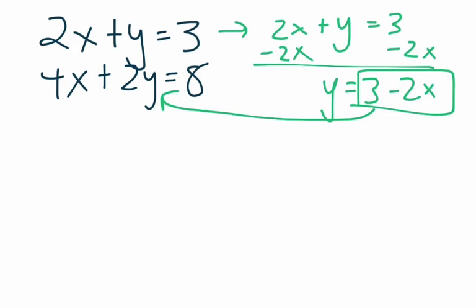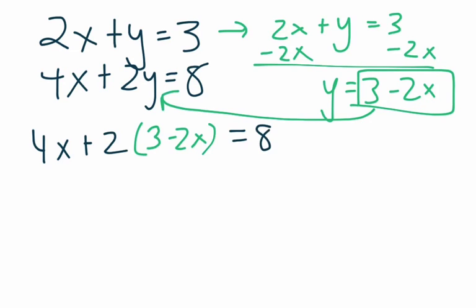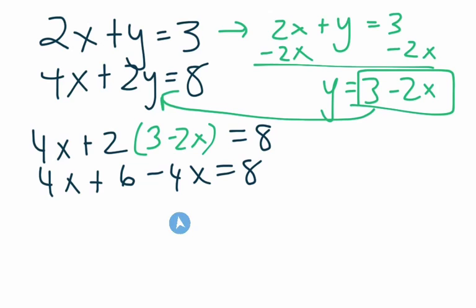The way substitution works is you take out the y, and the 3 minus 2x is going to go in its place, and we can do that because they're equal to each other. Then we'll just go ahead and solve this. 2 times 3 is 6, 2 times negative 2x is negative 4x, and then something interesting happens. You have 4x minus 4x, which is 0, and you're left with 6 equals 8.